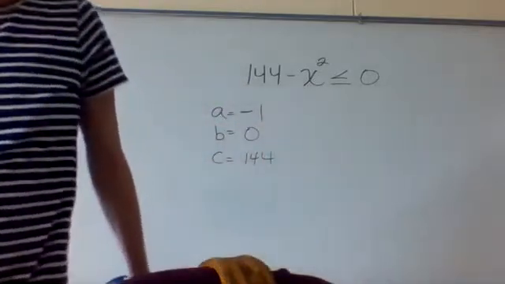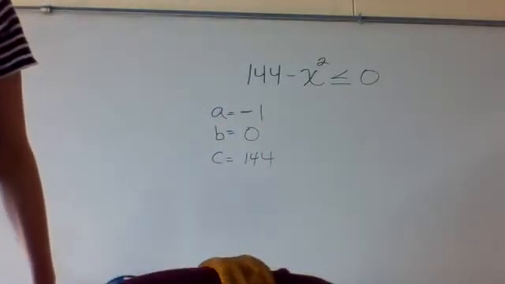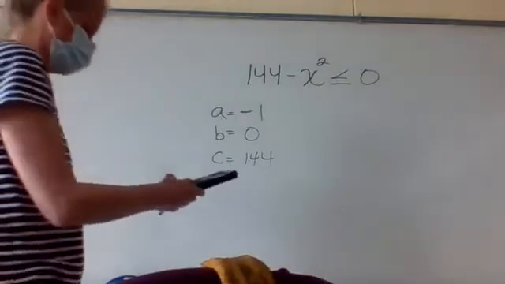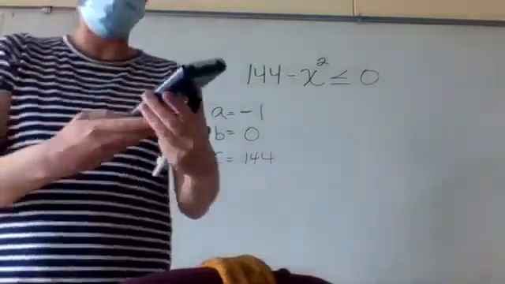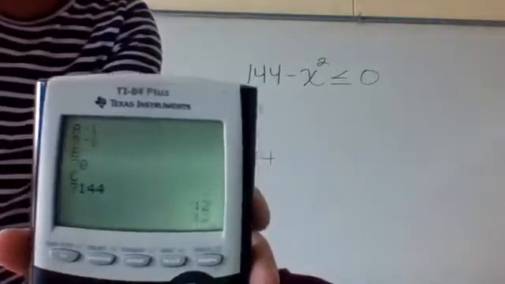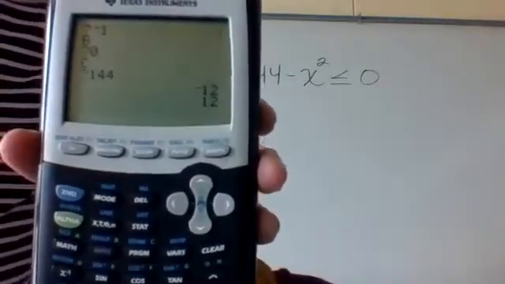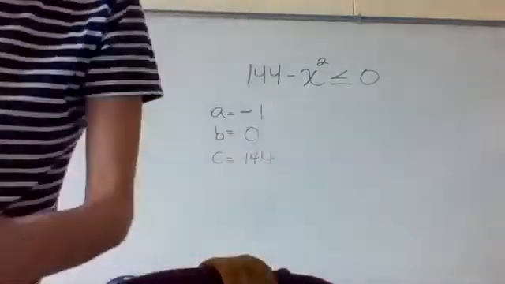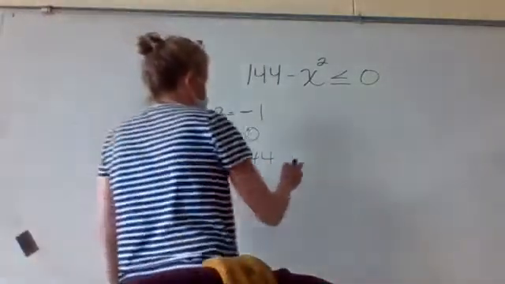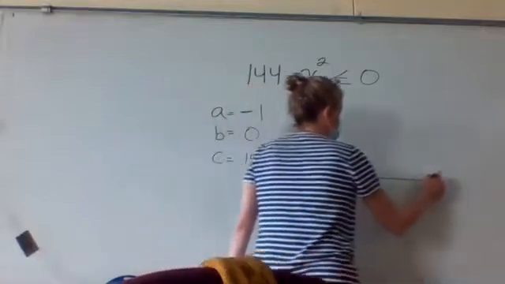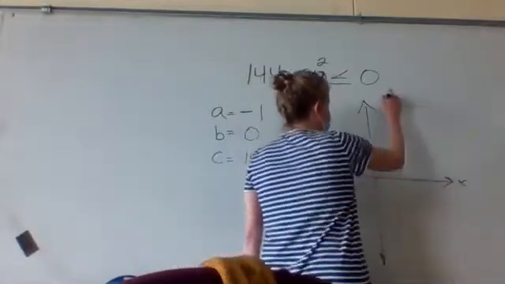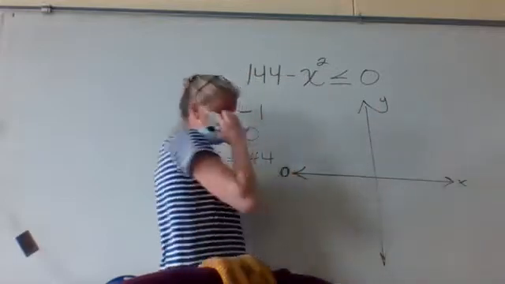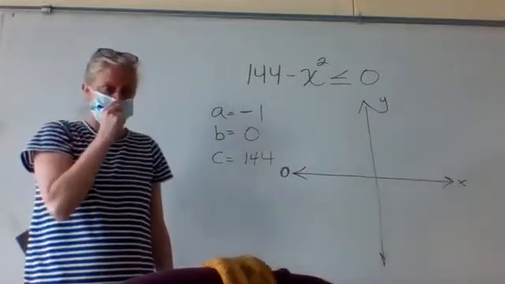So when you put those in for A, B, and C, let's see, negative 1, 0, positive 144. There's your x-intercepts, negative 12 and positive 12. Again, your x-axis is where 0 is.